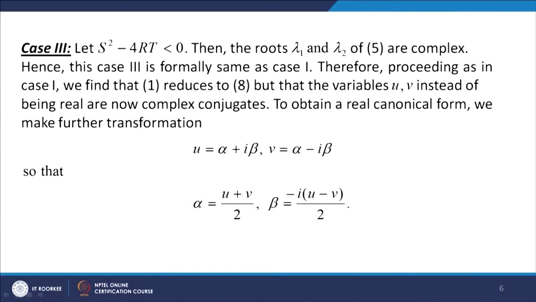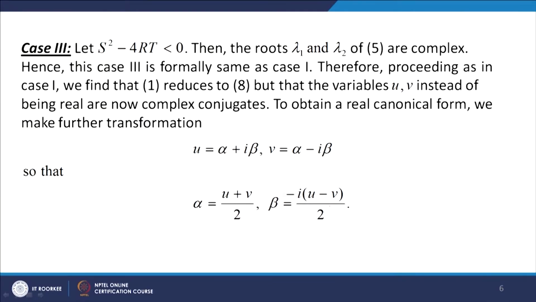Here lambda 1 and lambda 2 are distinct, but they are complex conjugates of each other. So this case is formally the same as case 1. Therefore, proceeding as in case 1, we find that 1 reduces to 8, but the variables U and V, instead of being real, are now complex conjugates. So the functions U and V are not real functions.